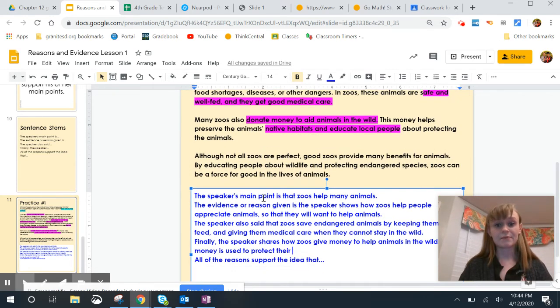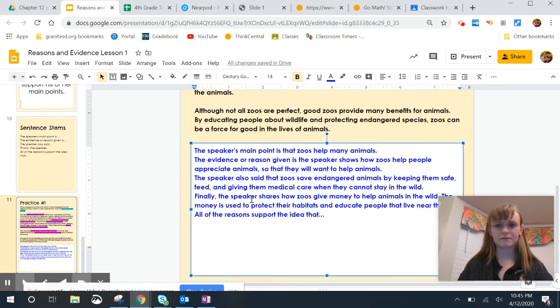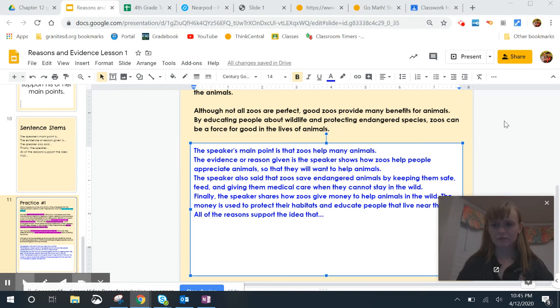Protect their habitats and educate people that live near them. Okay, so I wrote 2 sentences for that one. First, I shared how the speaker talks about how they donate money, but I also shared what that donated money goes to.